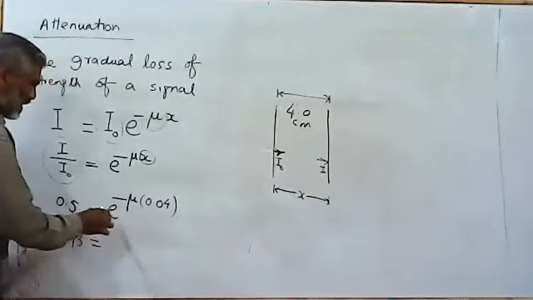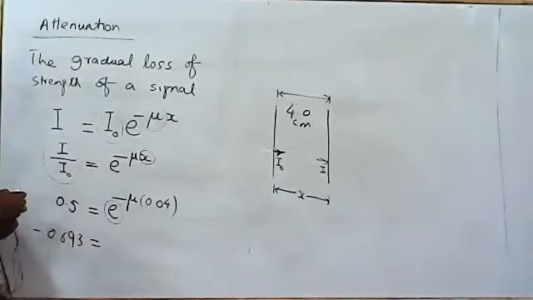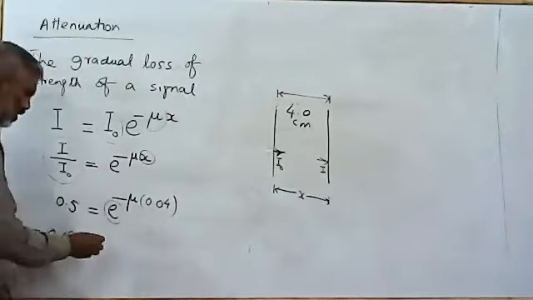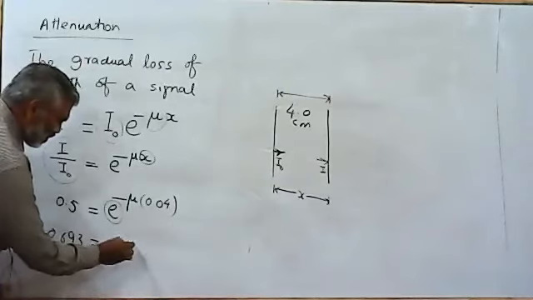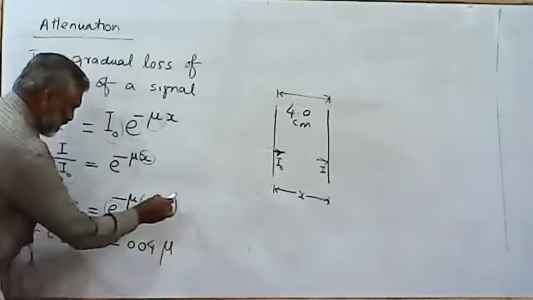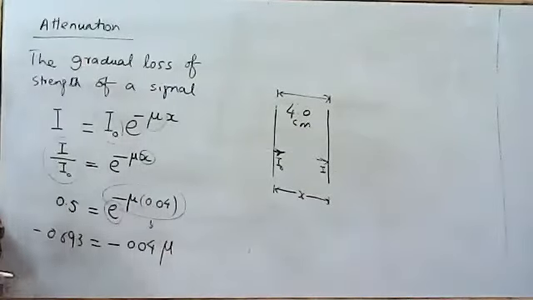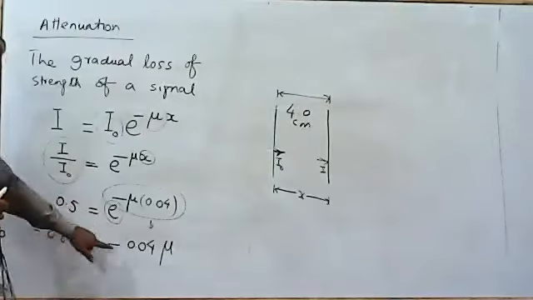And when you take the natural log of this, the exponential function disappears, and this side becomes minus 0.04 mu. So e goes because you have taken the natural log of it.